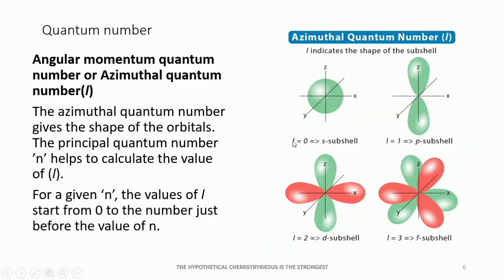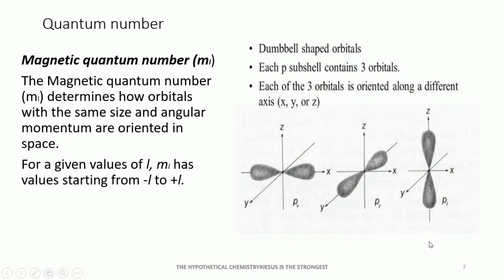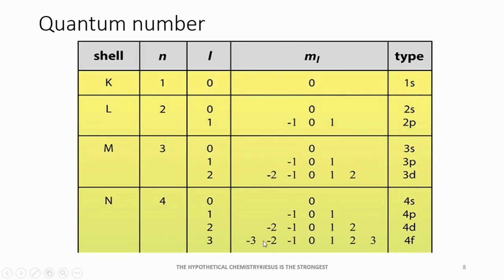So angular momentum equal to 0, we have the s subshell. Here angular momentum is equal to 1, we have the p, here it was equal to 2, we have d, here it's equal to 3, we have f, in that order. So 3, we have the f, 2, we have d, 1, we have p, 0, we have what?